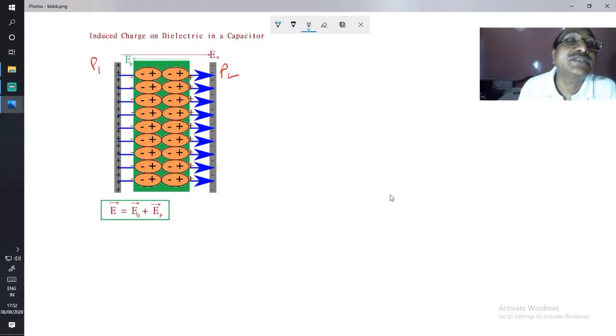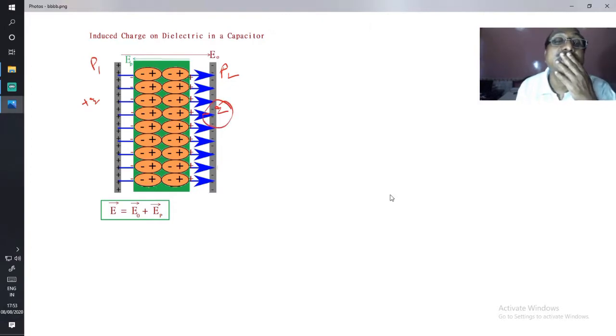On the inner surface of the plate P1 the amount of charge is plus Q, and similarly on the inner surface of the plate P2 the amount of charge is minus Q. Therefore, the inner surface of plate P2 contains the charge minus Q and the inner surface of plate P1 contains the charge plus Q.